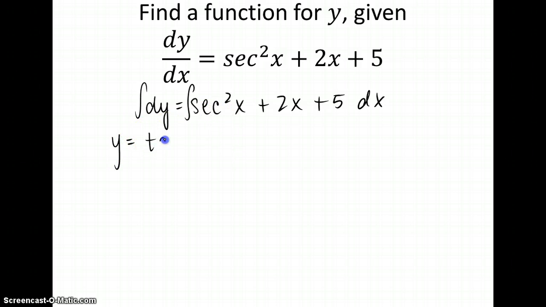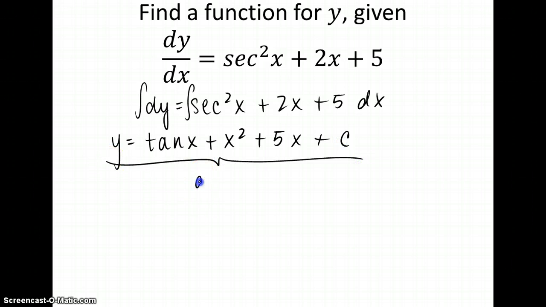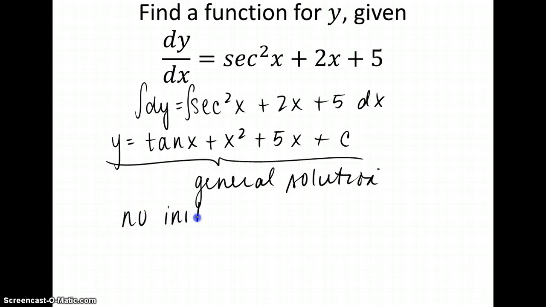Integral of secant squared is tan x, integral of 2x is x squared, integral of 5 is 5x, and then plus c. So this together is the general solution, and y because no initial condition.